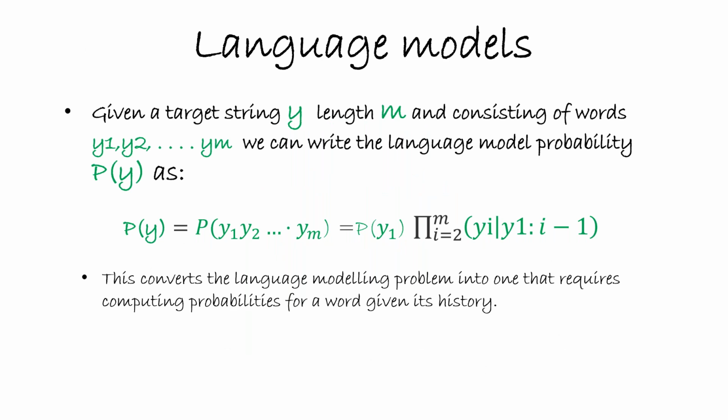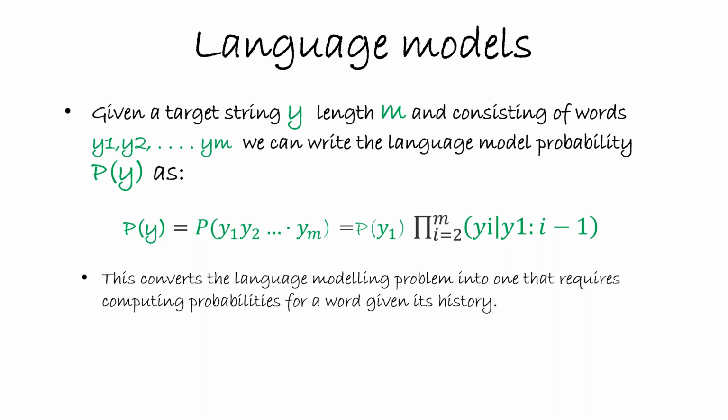Given a target string y of length m consisting of words y1, y2, up to ym, we can write the language model probability p of y as follows. The probability of y would be the probability of y1, y2, and so on, up to the number of words in that particular string or sentence.